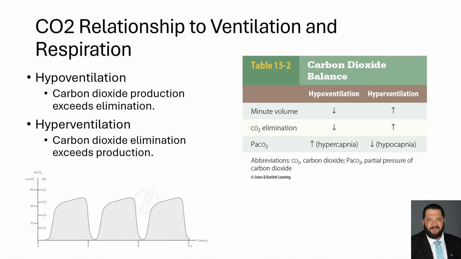One of the tools that we can use to assess the body's ability to not only oxygenate, ventilate, and engage in respiration, cellular respiration, is the assessment of end-tidal CO2 or capnography. The benefit of using end-tidal CO2, while it doesn't directly tell us how much of the hemoglobin is saturated in oxygen, we have other tools for that, such as SpO2.